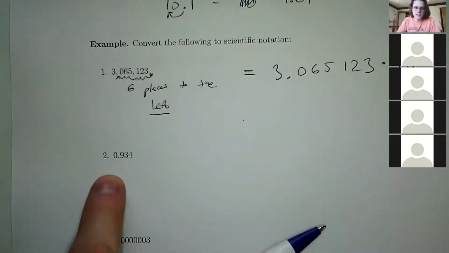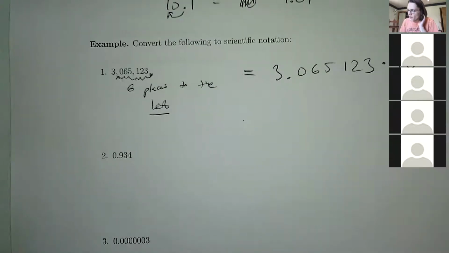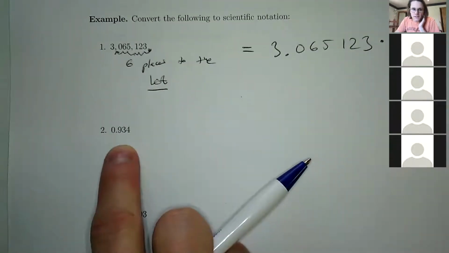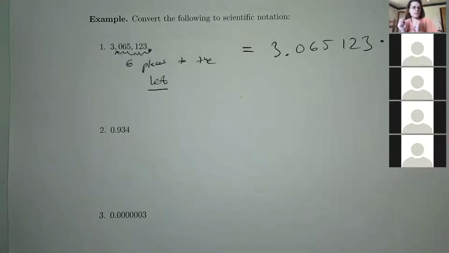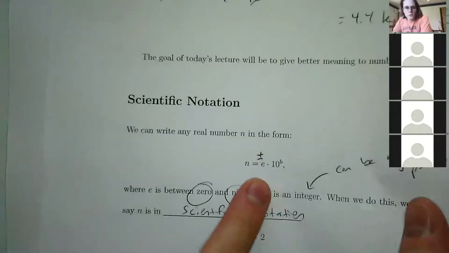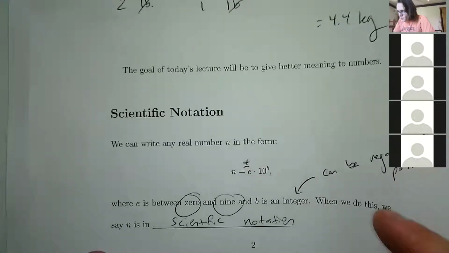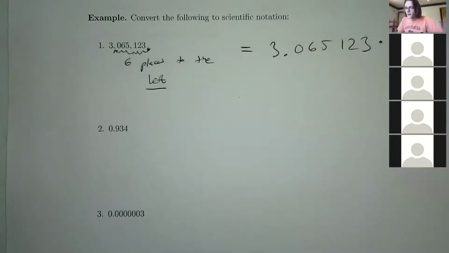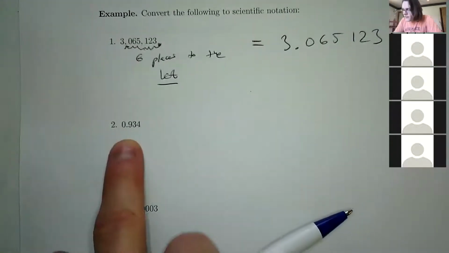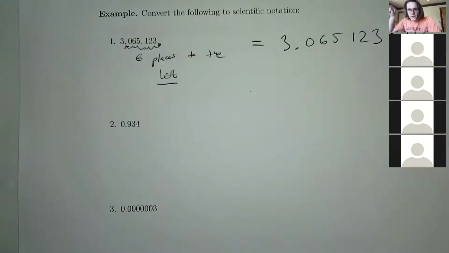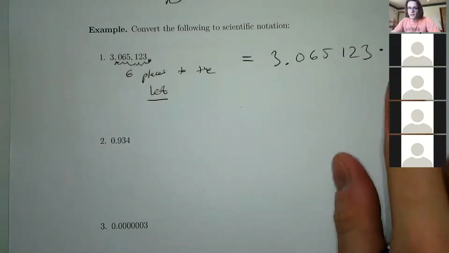Let's try this one. This one is a decimal right in front. So for this one, what we want to do is, as I said, we want to have this E number between 0 and 9, and maybe plus or minus. So to make that come out, if you have something like this, you can move it to the right. And when I move it to the right, I'm multiplying by a negative power of 10 in my format.